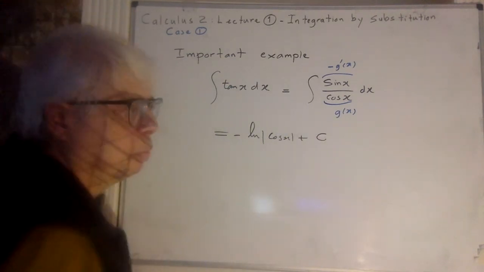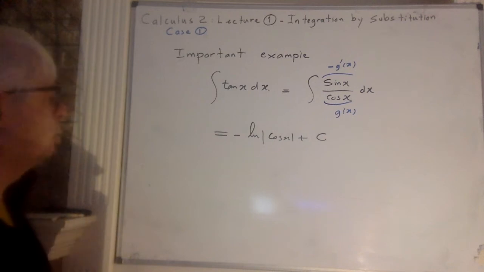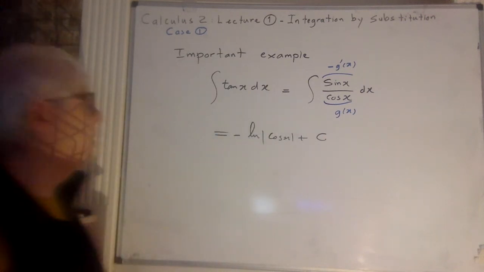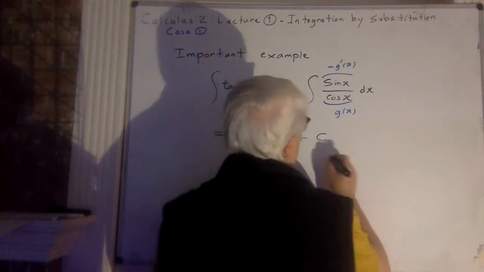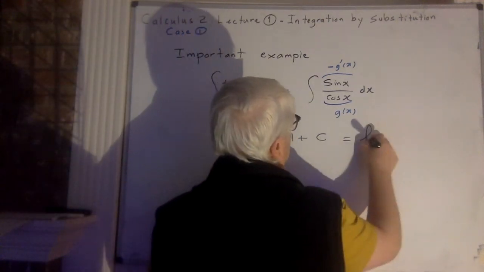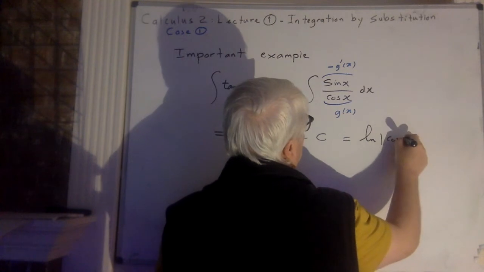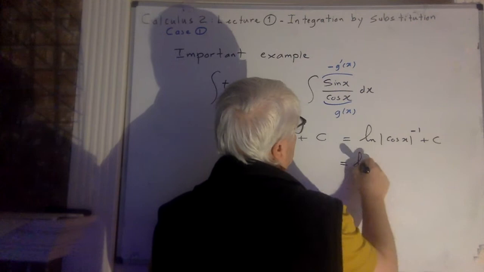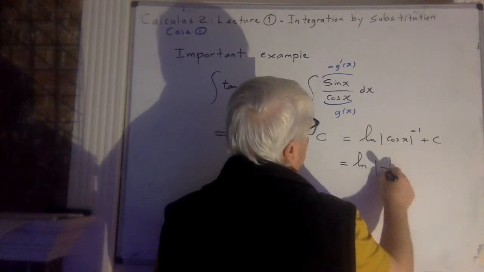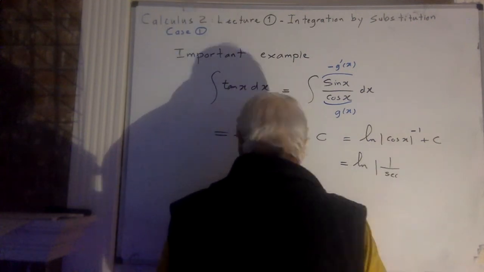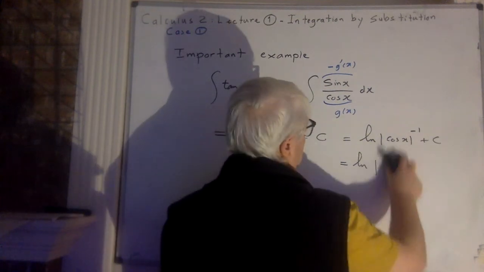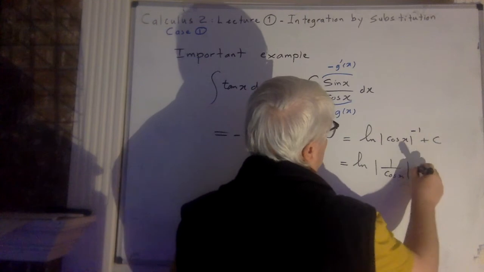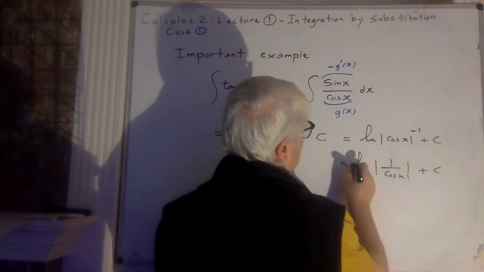I prefer this one. Some people just bring this negative inside and write it as ln of secant of x. Well, I can do that, but I prefer this one. If you write it as ln of cosine x to the power negative 1 plus c, then that is ln of 1 over cosine x, which is in fact secant itself, plus c.